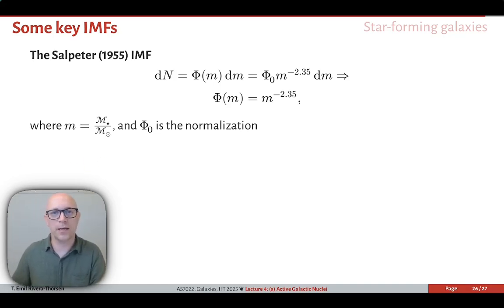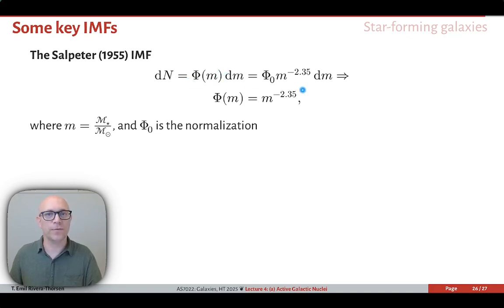And what you see is that by definition, the number of stars in a given mass bin, or in a given mass interval, is this function here, the value of the mass function at that mass times the width of the mass interval. So this here is what we call the initial mass function. Actually, this is just the mass function, but it is the initial mass function if we take this at age 0.